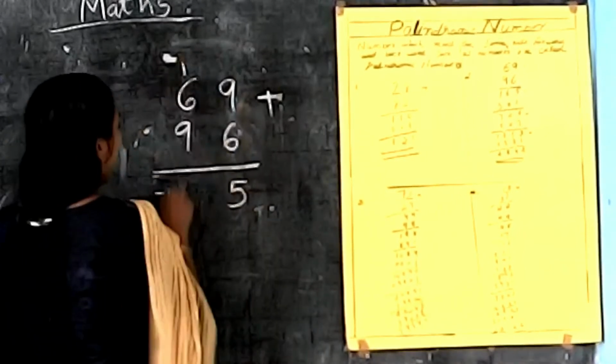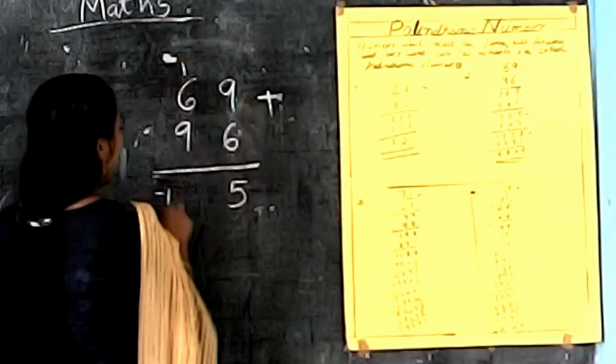Carry 1. Again, you got 165. Reverse it: 5, 6, 1. What is the answer? 5 plus 1, 6. 6 plus 6, 12. Carry 1, 726. Again, 6, 2, 7.